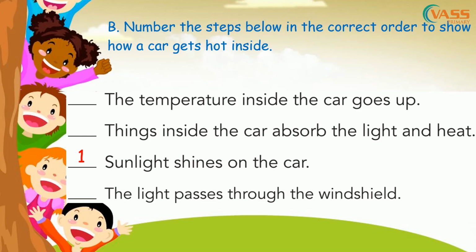Keep going. Okay, number 2. That's right, the light passes through the windshield. Now for number 3. You got it. Things inside a car absorb the light and the heat. Finally, number 4. Well done. The temperature inside the car goes up.